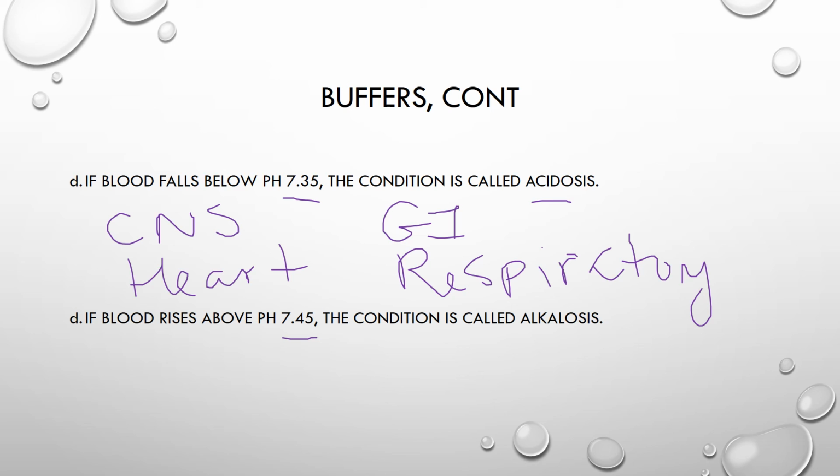Now, the reverse condition where we have a pH above 7.45 within our blood is called alkalosis. Alkalosis can be problematic as well if it occurs over a long time, where it too can affect the central nervous system.